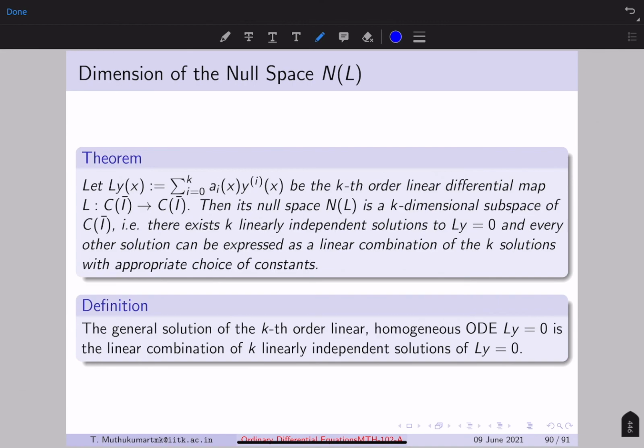The general solution of a kth order linear homogeneous ODE, where homogeneous means f is 0 because we are looking at null spaces, is the linear combination of k linearly independent solutions of the ODE. Because the dimension is k for a kth order operator, it's enough to find k linearly independent solutions.